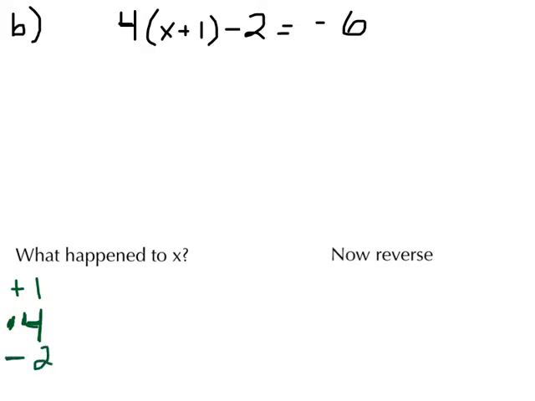So if I want to do that in reverse order, I'm going to say, all right, we're going to add 2, divide by 4, subtract 1. Let's try. So I'm going to add my 2 to both sides.